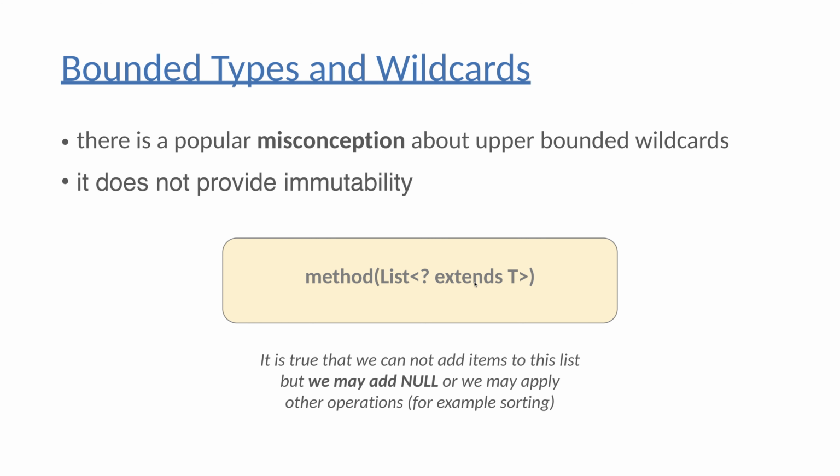So despite the fact that we are not able to add, for example, integers or any subtype of t, we can add null values, and of course this is why it is not going to provide immutability. And by the way, we can execute other operations such as sorting, so we may sort the underlying list data structure. So this is why upper bounded wildcards are not going to provide immutability.